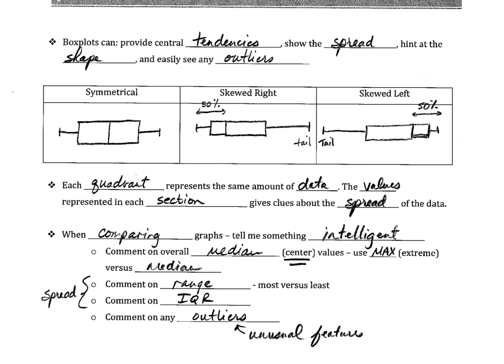You can comment on the range, the most versus the least. You can comment on the IQRs. And you can comment on any unusual features or any outliers. Okay? So when I compare two different things, those are some things you can comment on.